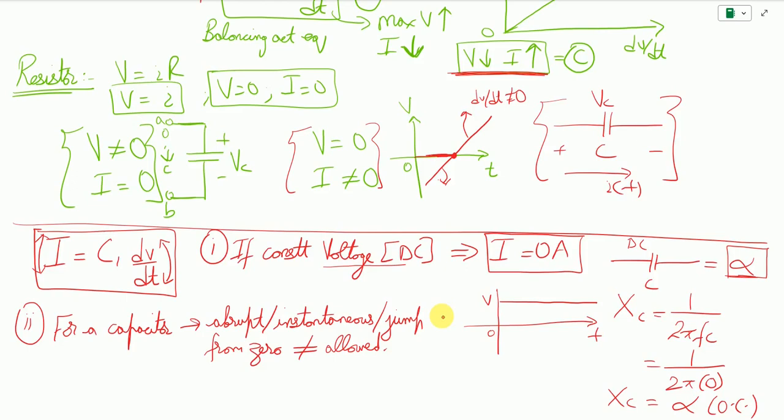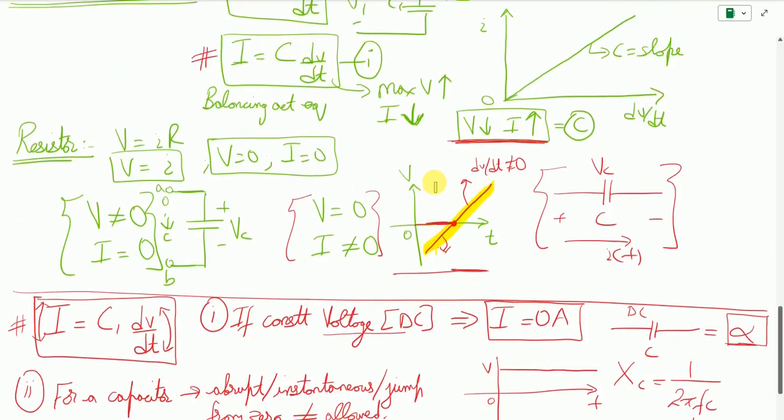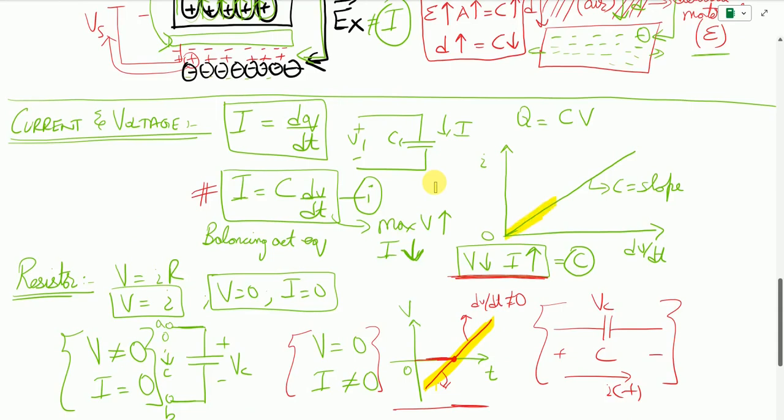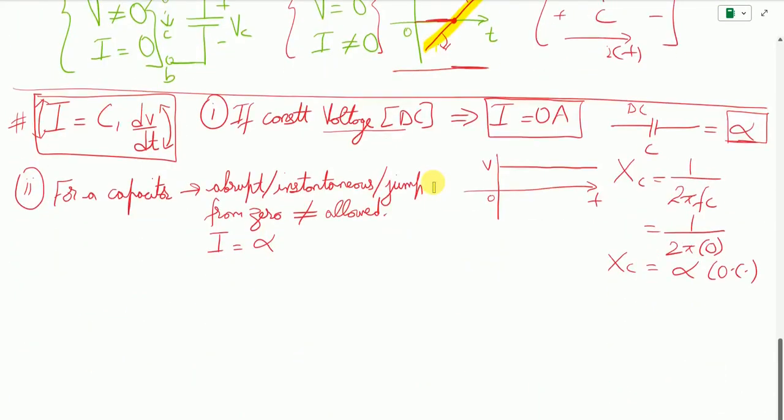Because if we don't avoid it, then our output current, based on this mathematical expression, will go towards infinity, and we don't have real systems that can give you infinite current. So whenever we are dealing with currents in a capacitor, it should follow a linear relationship with the change of voltage, so that we get a measurable amount of output current. There shouldn't be any abrupt change or zero jump.